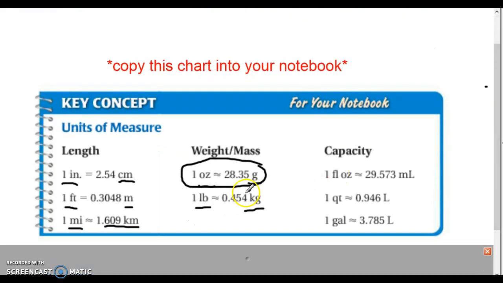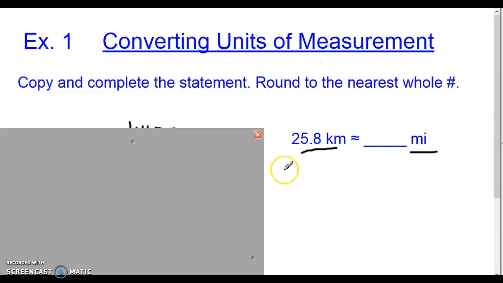So I have that right over here. 1 mile equals 1.609 kilometers. So I'm going to write that down. 1 mile equals 1.609 kilometers. And then I'm going to use that to help me. So I start with 25.8 kilometers.